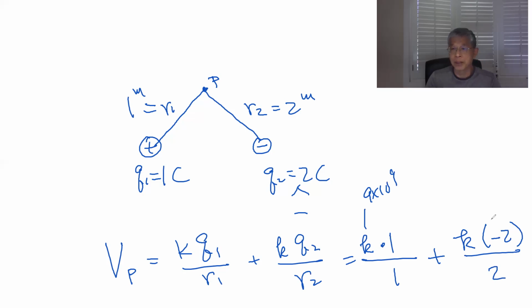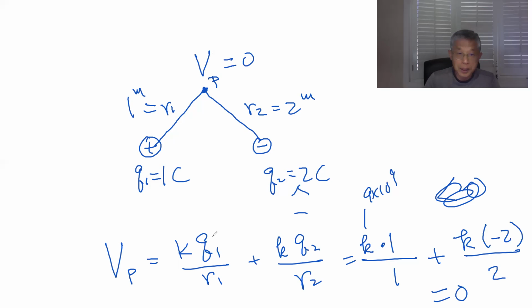Then you add them together, and oh, actually, that will cancel out. 1 minus 1 is actually equal to 0. At that point, the electric potential Vp will equal 0.